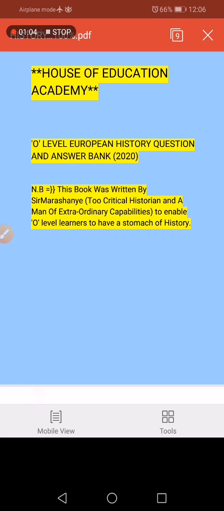These are keywords. If you want to understand what actually brought about the outbreak of the First World War, you must trace the events from 1870 up to 1914. So I am going to take you from 1870 up to 1914 and the First World War.